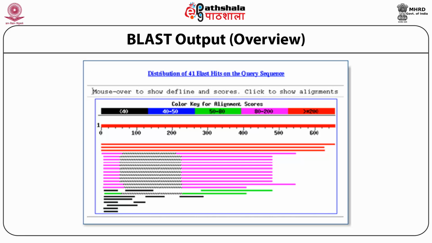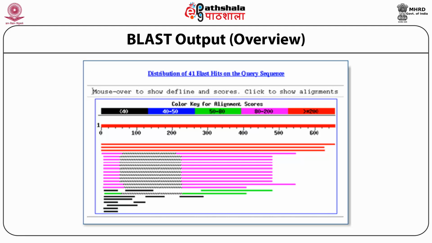And then those lines which are there in various colors, each line represents one sequence in the output. Now the first line, for example, is red almost throughout. That means it represents a particular output which matches your query sequence throughout the length of the query sequence with an extremely high score. The same thing is true of the second and the third.